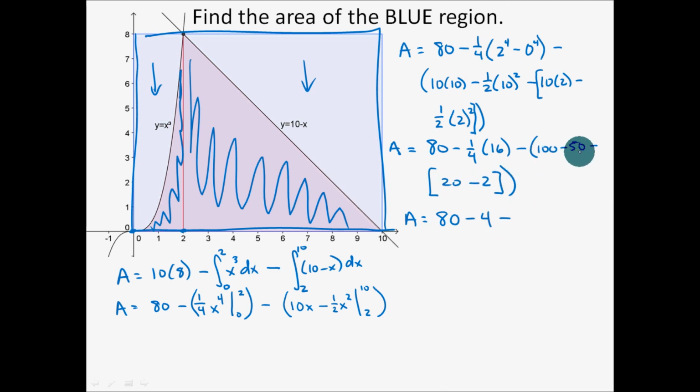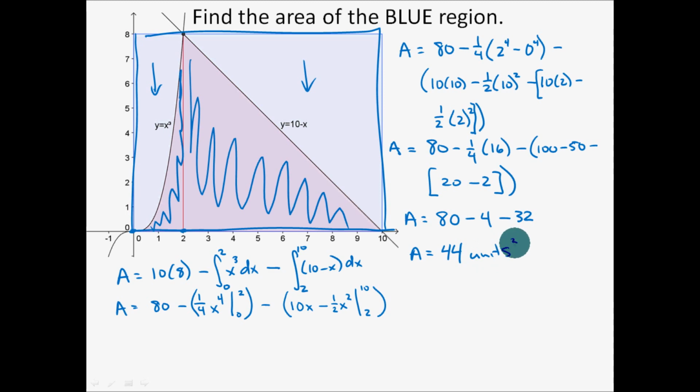So we got 100 minus 50 is 50, and then we got 50 minus 18, so that's going to be 32. So our area is going to be 80 minus 4, so 76. 76 minus 32 is going to be 44 units squared.